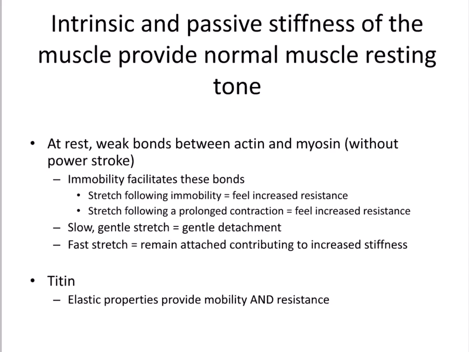However, if you provide a slow, gentle stretch, this will result in gentle detachment of the actin and myosin filaments, and a faster stretch will result in increased stiffness being felt because the actin and myosin are still partially attached. Titin provides elastic properties, as I mentioned before, and it's going to provide mobility and resistance to muscle stretch.